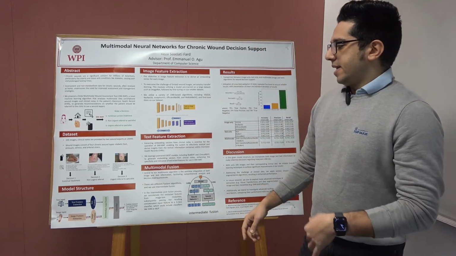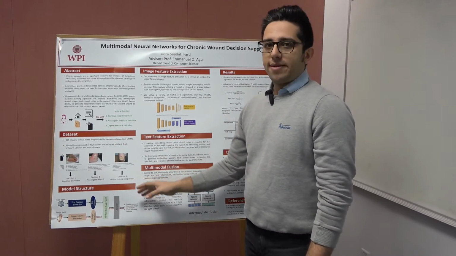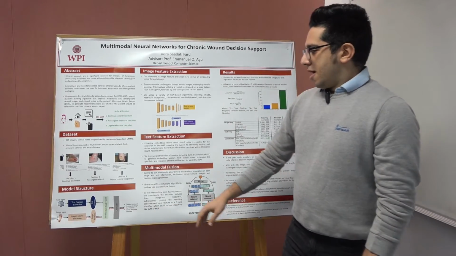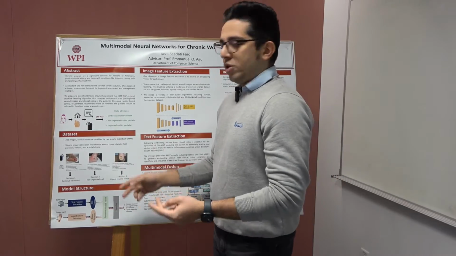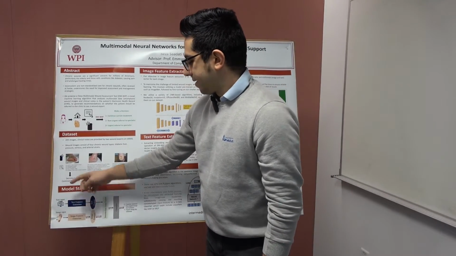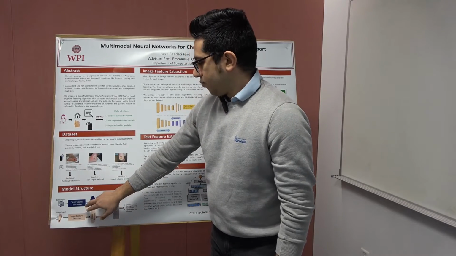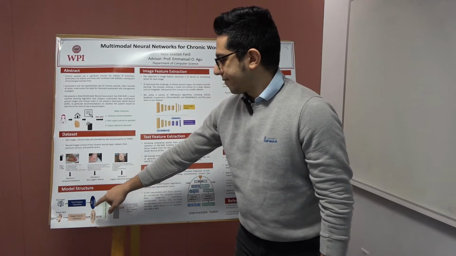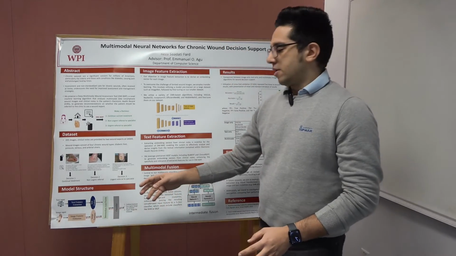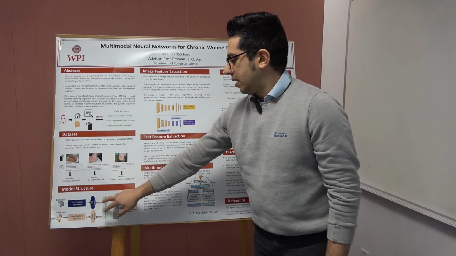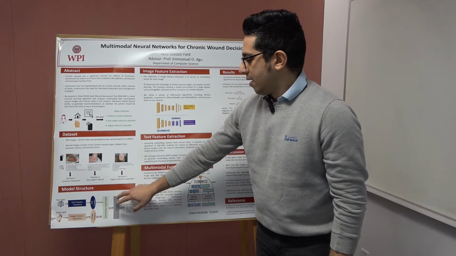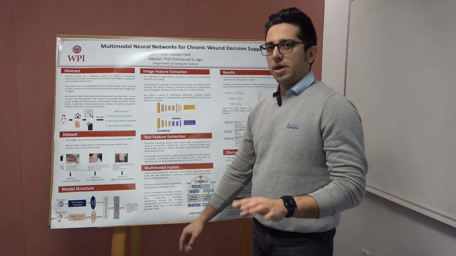In the next section, I'm talking about the model structure that we have to deal with this problem. As I mentioned, we have two different modalities. The first modality is image. The second one is text. We need some neural network to extract features from image and text, and then we need a model to combine these two extracted features and do classification on the features from both image and text.